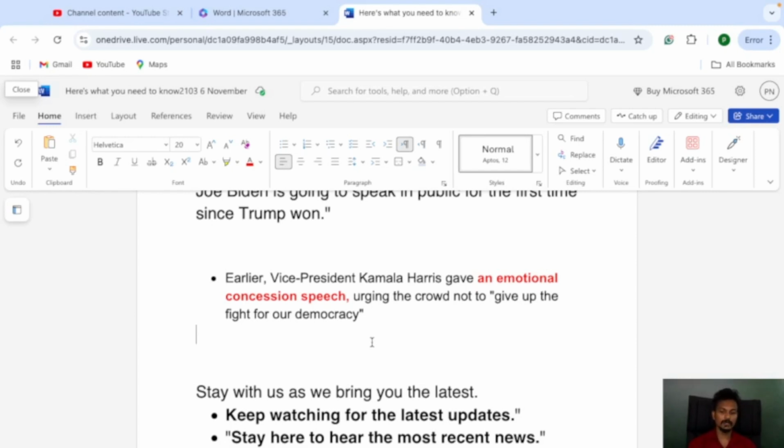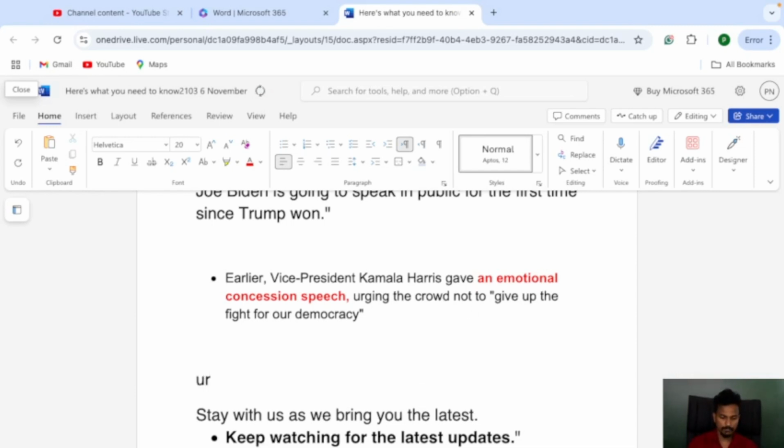Urging the crowd not to give up, fight for democracy. If you urge someone, basically you strongly encourage someone.